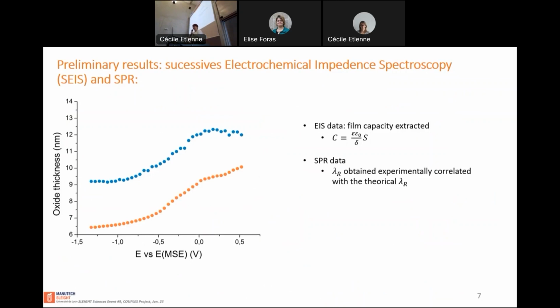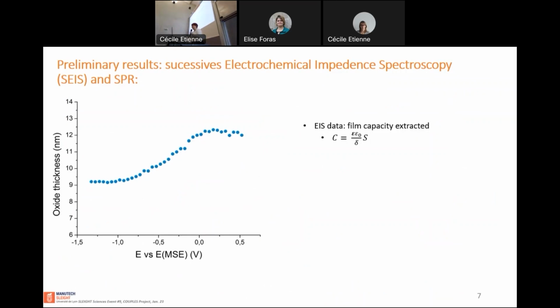We have extracted the resonance wavelengths obtained experimentally, and we have correlated them with the theoretical resonance wavelengths. But as you can see, there's a small shift between the electrochemical and the optical data. But the curves seem to have quite the same tendency.